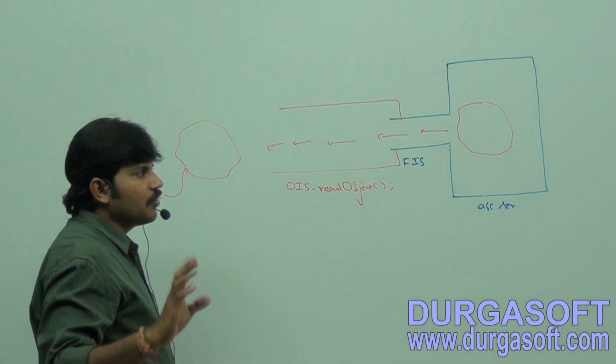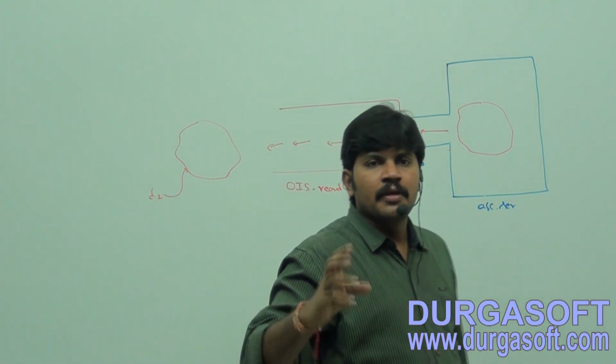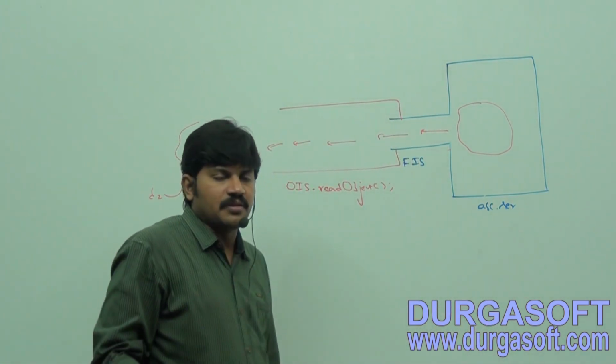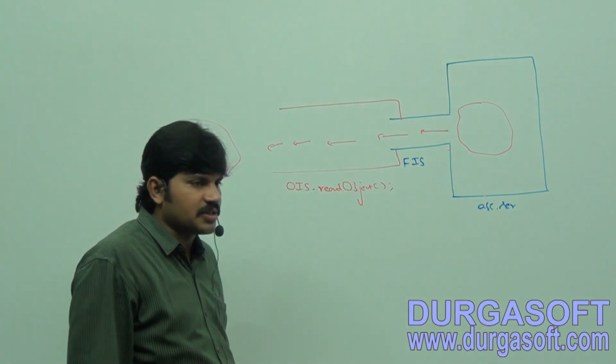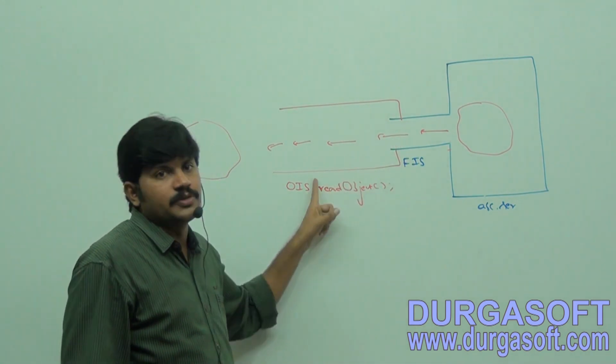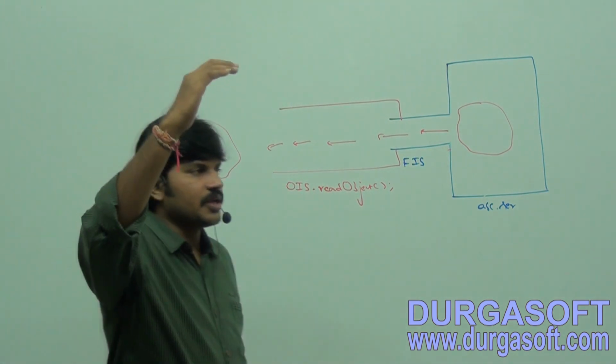Okay, so by using which streams can we implement deserialization? File input stream and object input stream classes. Okay, add next paragraph.